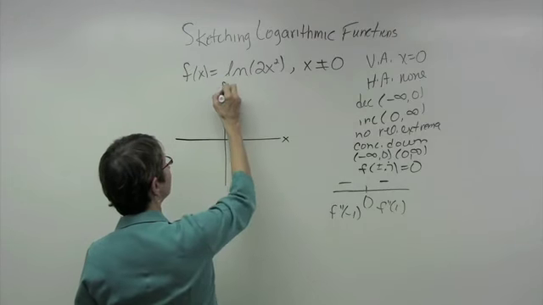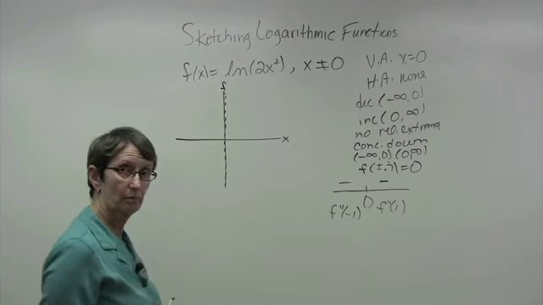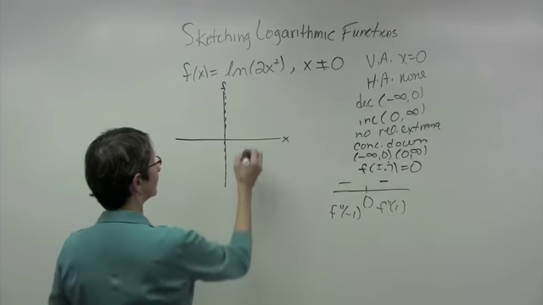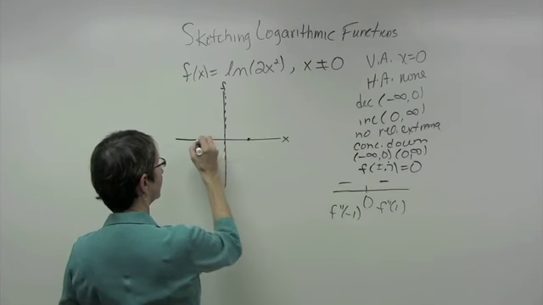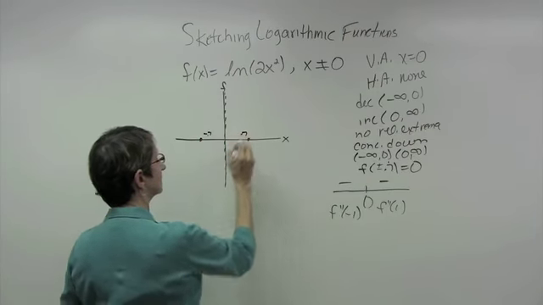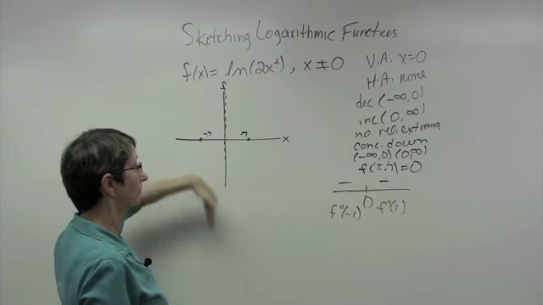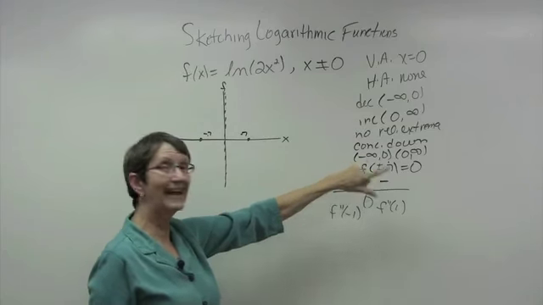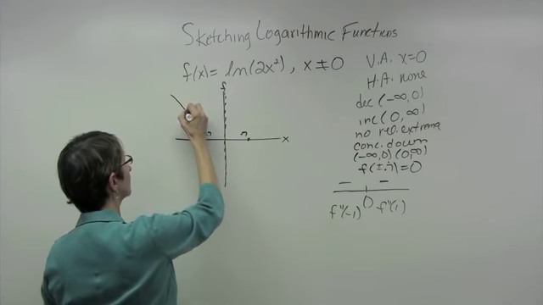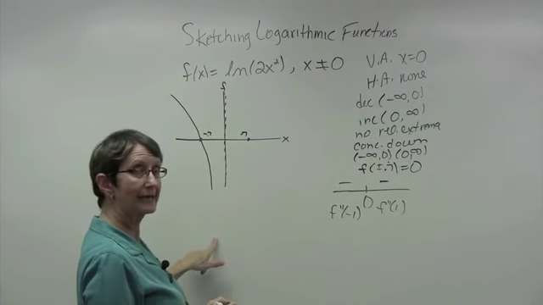I know that this thing right here is a vertical asymptote, right at 0. I know now that when y is equal to 0, it crosses at 0.7 and at negative 0.7. I know that it decreases on the left side and is concave down. So my function decreases, but it cups downward. And it approaches that as an asymptote.